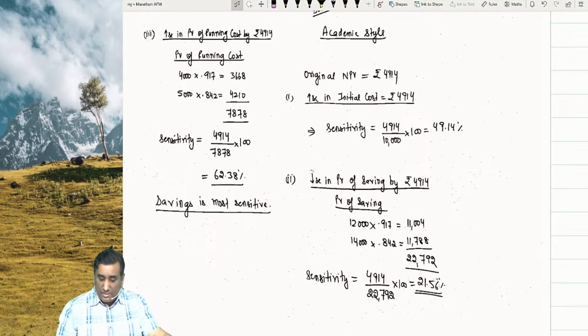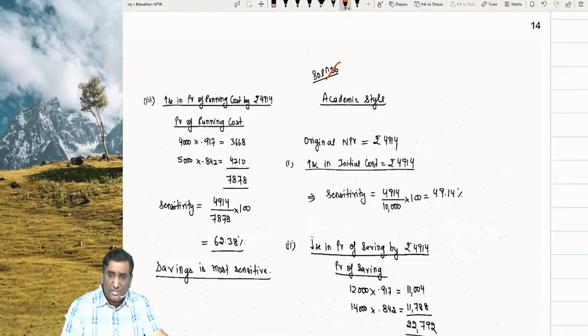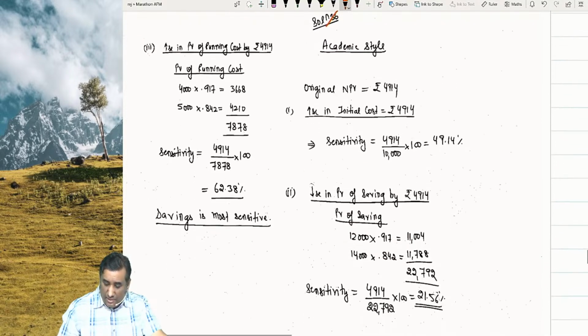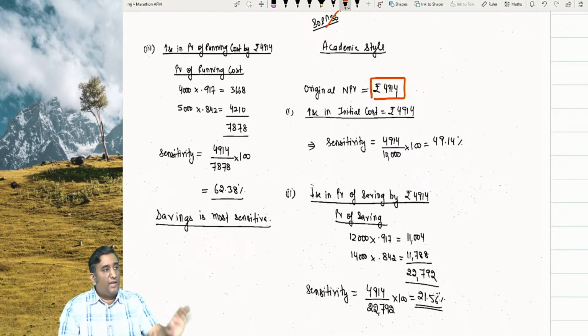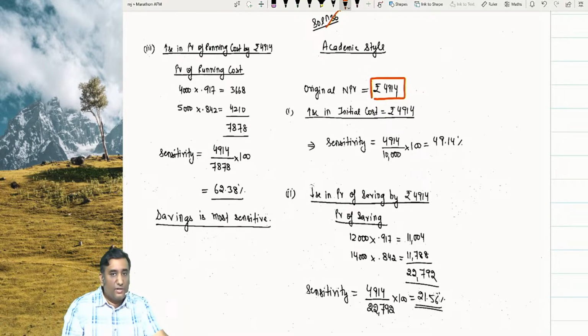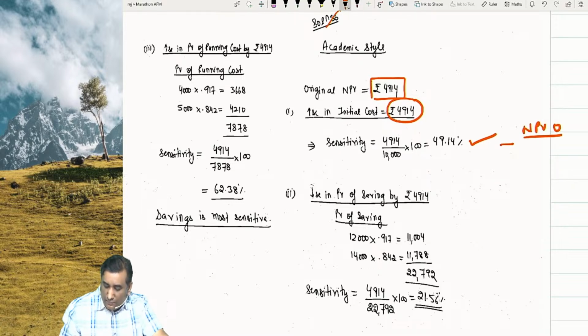Now look at this answer please. This is not 36, this is same as 31. It's the A and B part basically. Look up please. We say our original NPV is 4914. If I reduce my NPV by 4914, my NPV will become 0. So cost increase by 4914, that means if you increase your cost by 49.14 percent, NPV becomes 0.